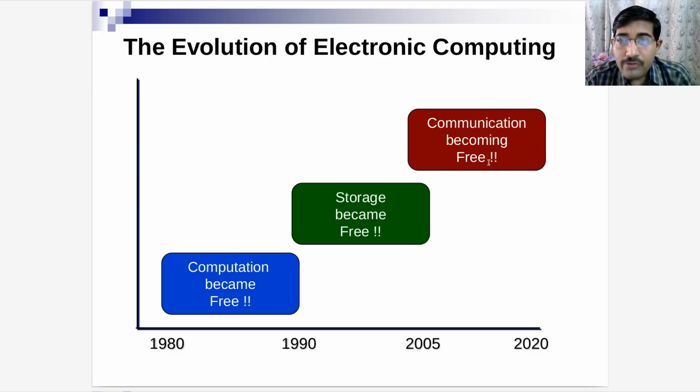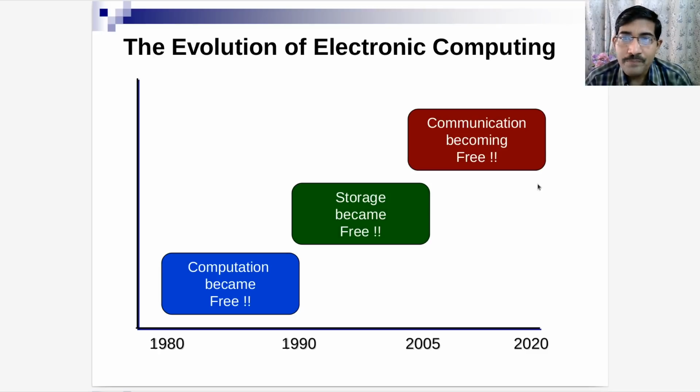Now you are in an era where, gradually after 2005, in the last 15 years, we are moving towards communication becoming free. By communication becoming free, I mean that nowadays everyone has a cell phone and an internet connection, and it comes so cheap that one hour of internet surfing costs very little.